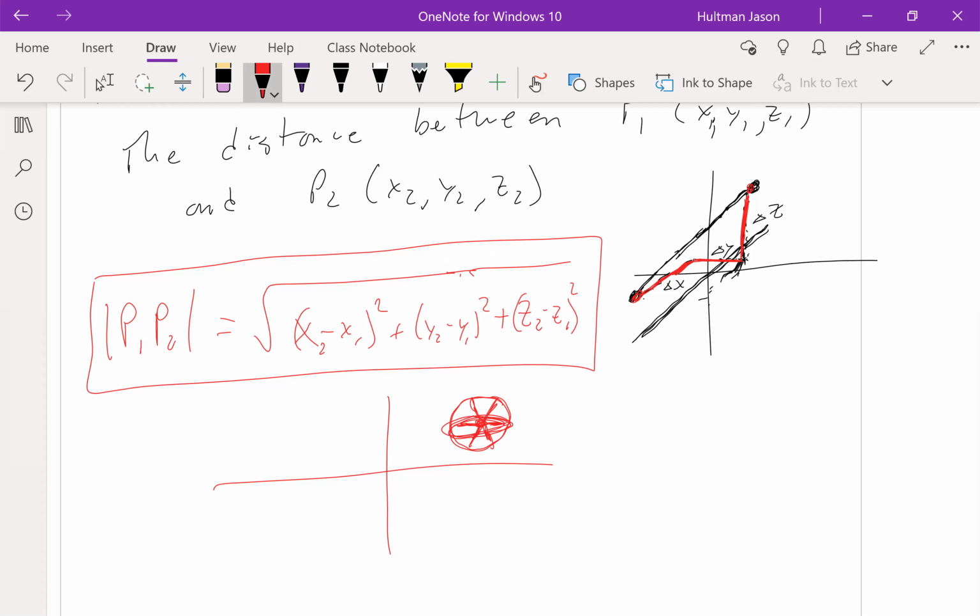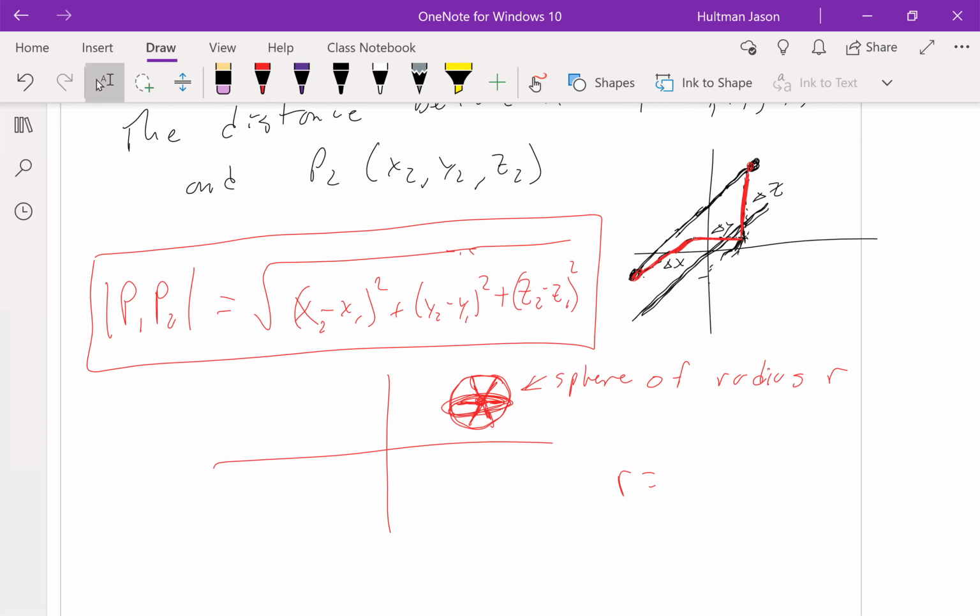So what would you call the distance from the point to the sphere? The distance from the point to the sphere is a radius, sphere of radius r. And we would always want r to be constant, right?